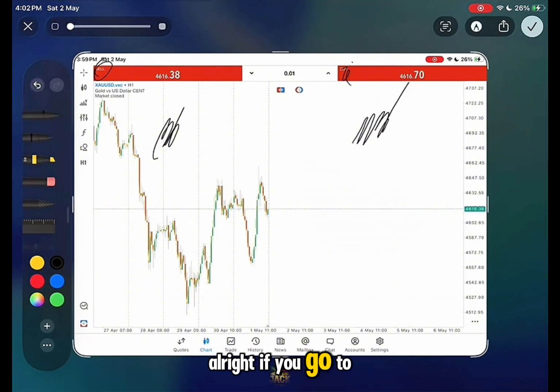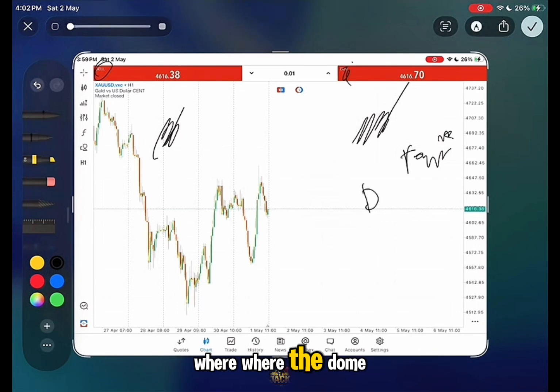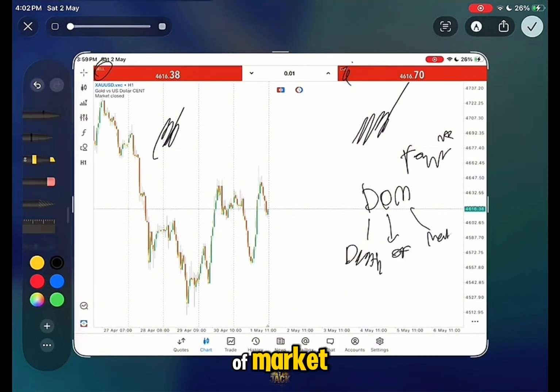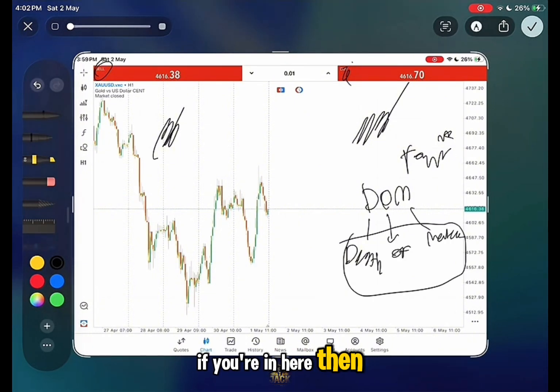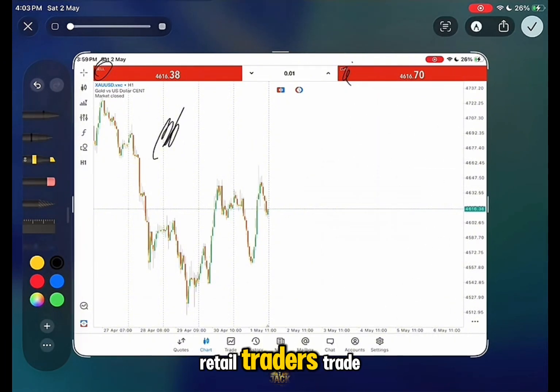If you go to the foreign exchange market, where the DOM actually plays, the depth of market, if you're in there, then yes, you might buy your own currencies and you might sell your currencies. With that concept, we are tapping into where retail traders trade.